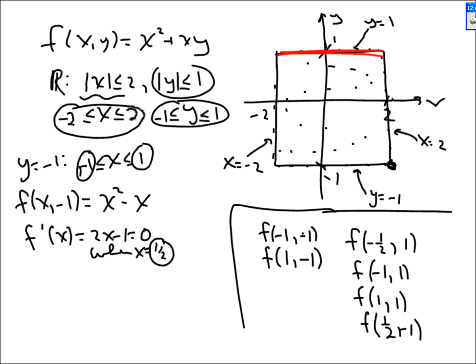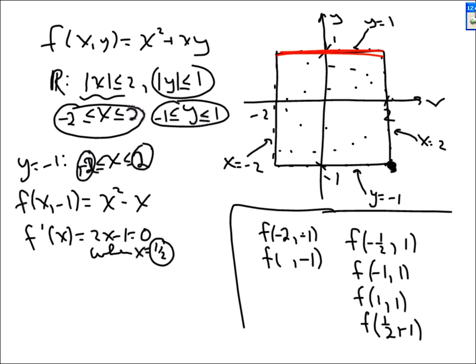We checked. Why is y negative 1? Okay. Something's a bit wrong. X goes between negative 2 and 2, which means we should have been doing that.